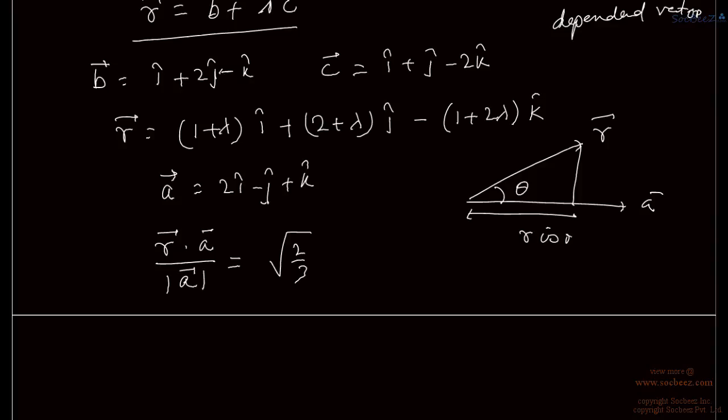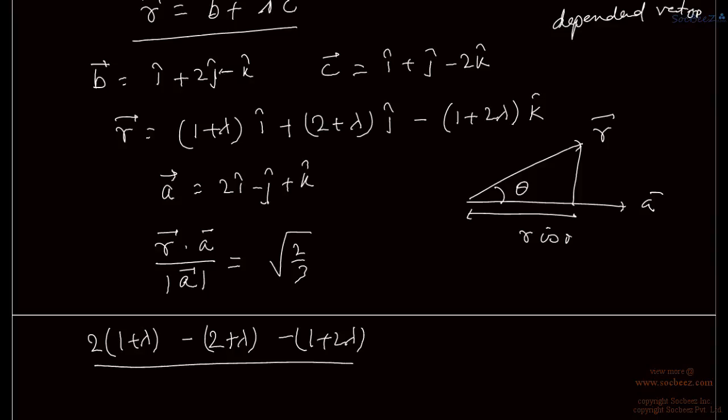So what is R dot A? R dot A is nothing but 1 plus lambda times 2, minus 2 plus lambda, plus minus 1 plus 2 lambda, upon magnitude of vector A. Magnitude of vector A is given as root under 2 square plus 1 plus 1, that is 4 plus 1 plus 1, 6, root under 6, right?